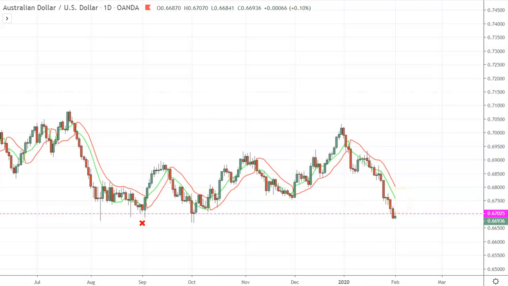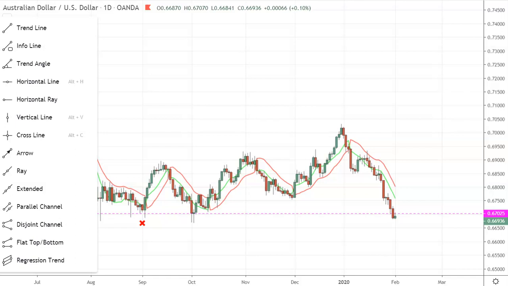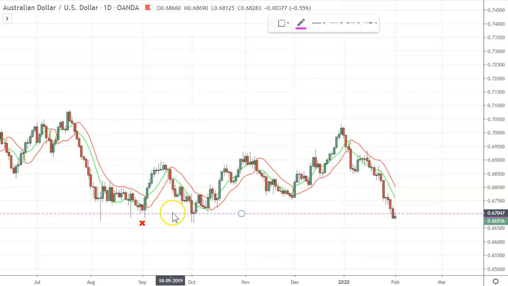I would want to see a daily close above, so you can see inflection points here. At the very least, I need to see a candle taking this out. Then I would be getting in very small lot sizes and just treating this as a pullback.